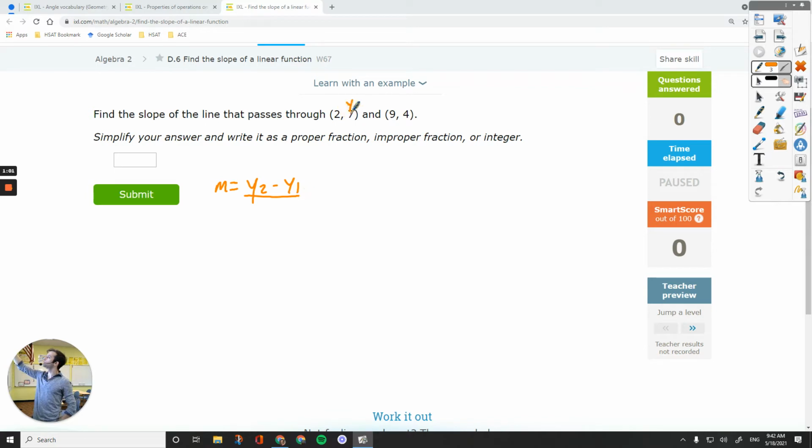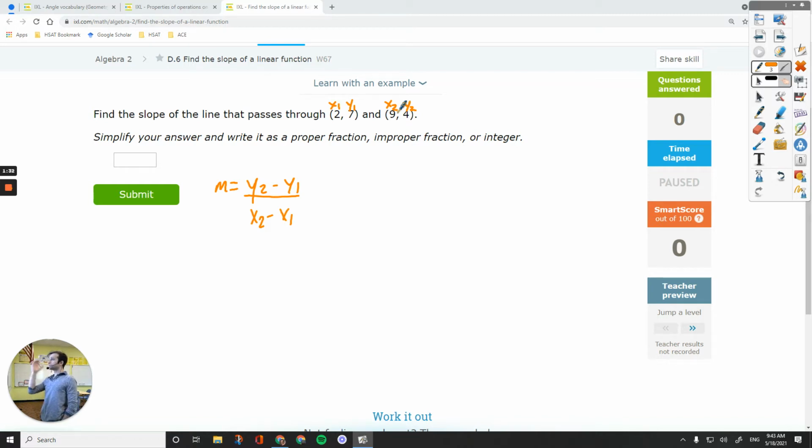So this one would be the y value of the first point, the y value of the second point, and then the denominator of the formula would be x2 minus x1, which tells you to figure out the horizontal movement by subtracting the x values of each point. So this would be the first x value, second x value. You could also label the first pair as x2, y2, the second pair as x1, y1. It makes no difference whatsoever.